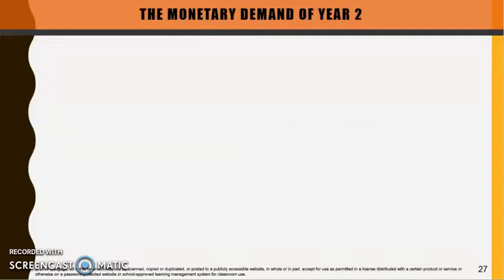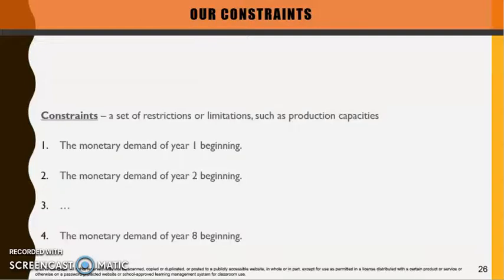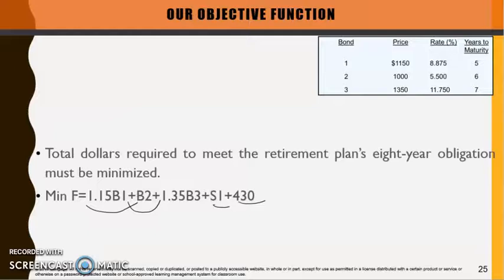Why do we skip year 1? Because we already paid for year 1, those 430 bucks that we discussed in the objective function. So for year 1 we have no problem, we already paid it.